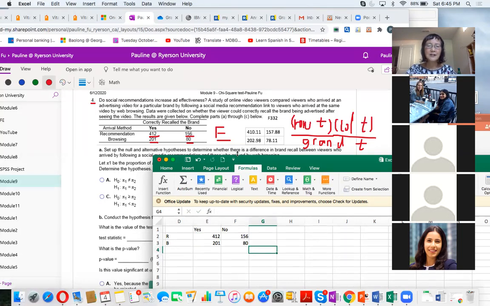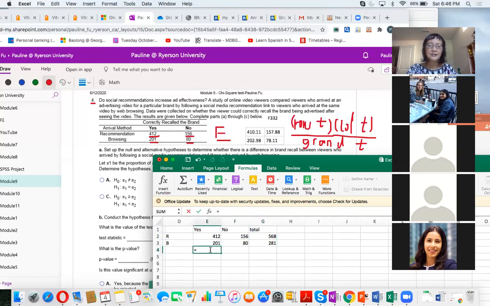How do I calculate expected data E? You need to calculate the row total. You add this number with this number: 412 add 156. You do the same thing for the next row, 201 plus 80. So these two numbers are the row totals.